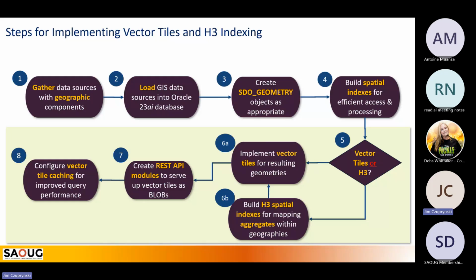If I implement the vector tiles, I now have the resulting geometries that I can leverage. I'll also use, in step 7 here, REST API modules to serve up vector tiles as blobs to mapping technology. And if we have enough time, I will briefly talk about caching vector tiles for improved geospatial query performance.